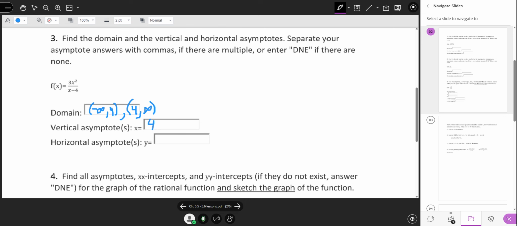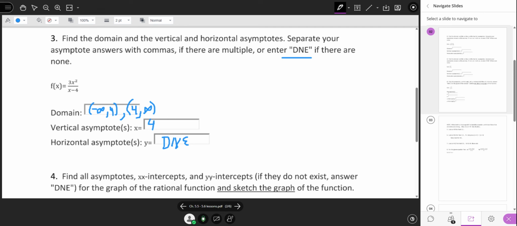And it does help to read your instructions. And since I don't have a horizontal asymptote, this does not exist. DNE. So that one's nice. I like that one.